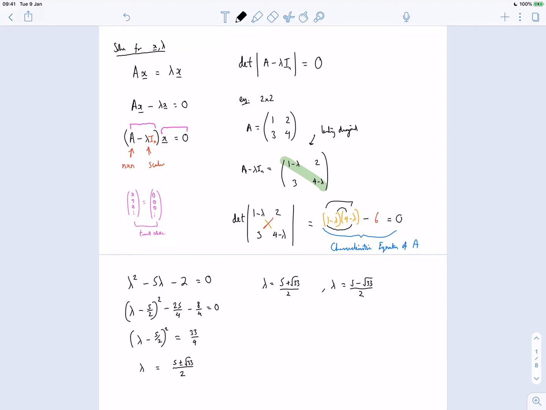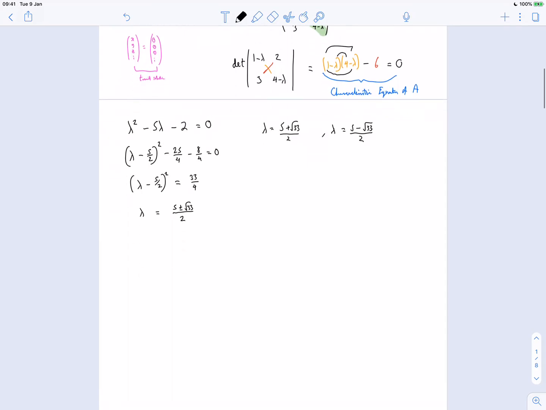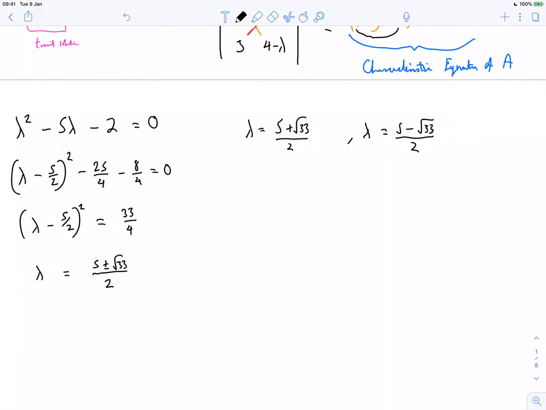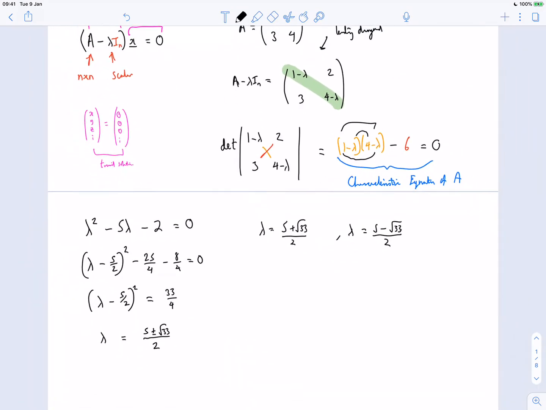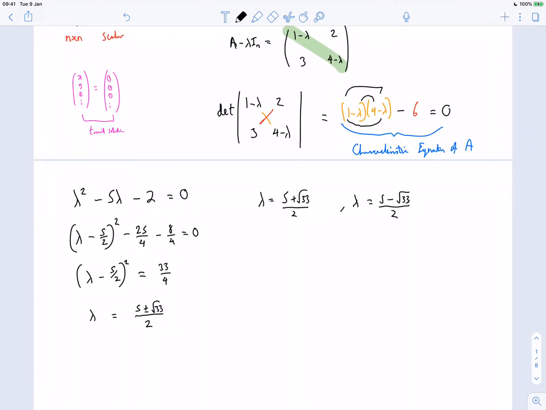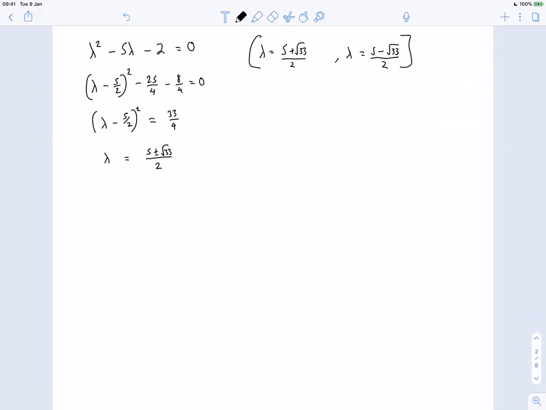Now, for the purpose of this, I don't like the fact that (5 + root 33)/2 and (5 - root 33)/2 are just not particularly nice numbers. So what I'm actually going to do is repeat this example. So we've found the eigenvalues. Now let's suppose in a different example, and I'm going to pick the numbers deliberately easier this time, I've got the matrix 0, 1, 1, 0.